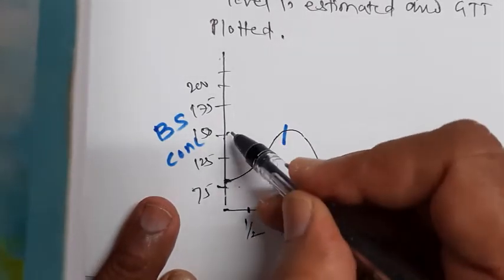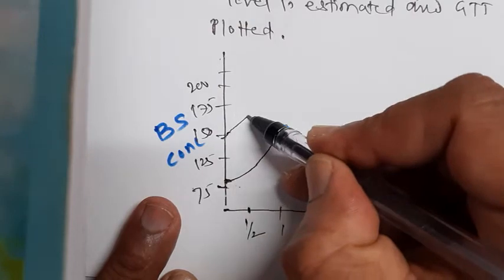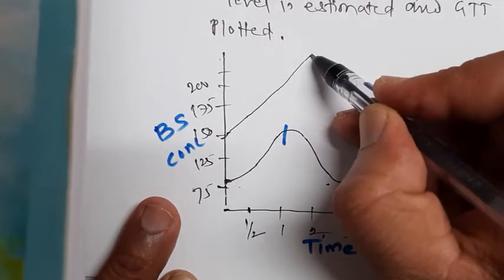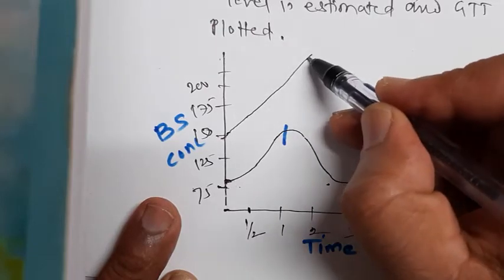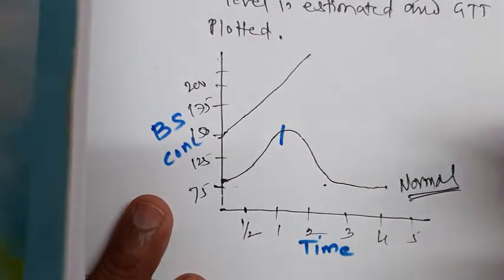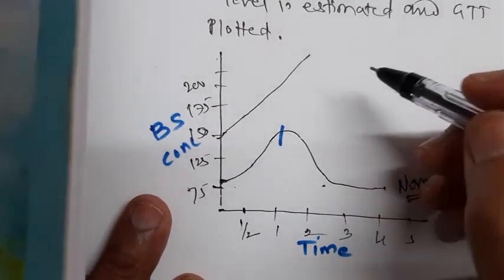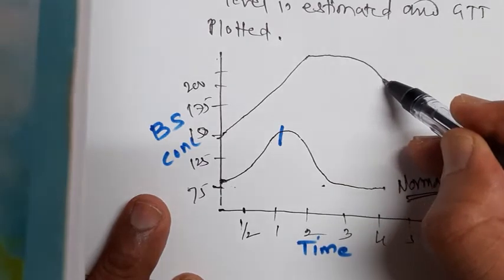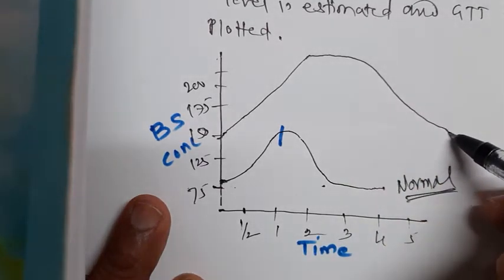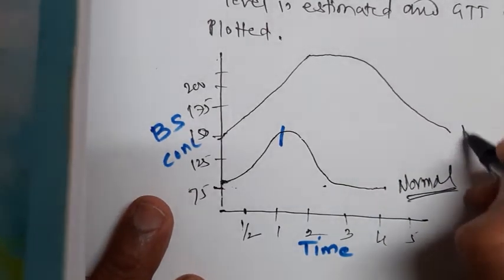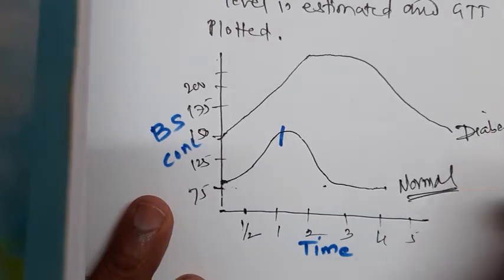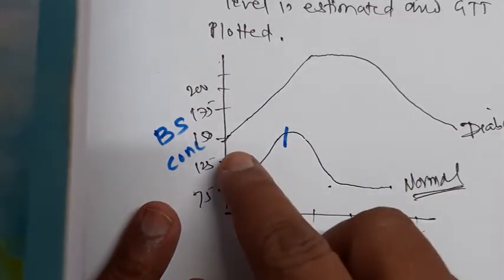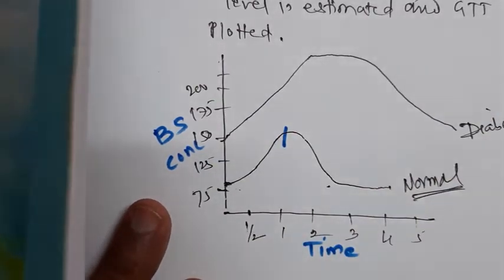Suppose it is 150, it will rise and go up to 200, 300, whatever it is, depending on the severity of the diabetes, and then it will take a long time to come down to its original level. So this is called the diabetic curve. It does not come to its normal level immediately. It will take a long time, 3, 4, 5, 6 hours.